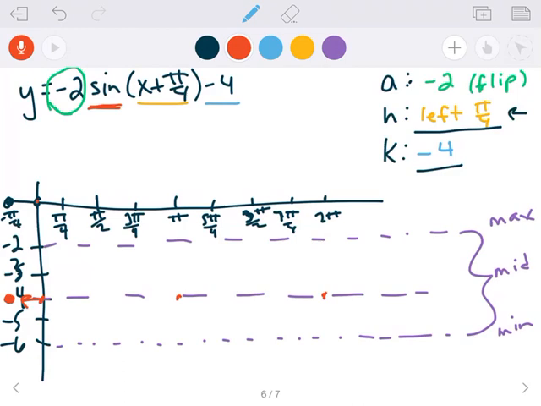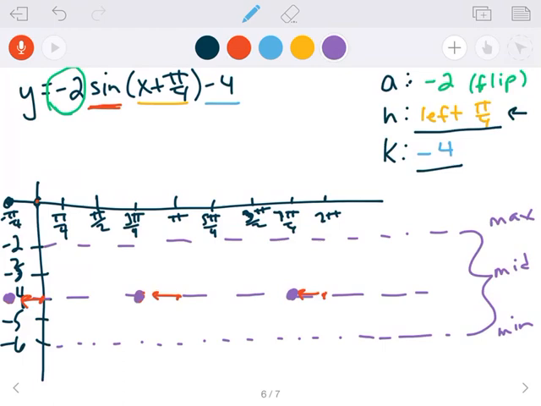Instead of pi, when we shift it back, it's going to be positive 3 pi over 4. I'm going to do those actual points in purple. And then when we shift 2 pi back pi over 4, we have a point at 7 pi over 4. So those are our midline points, and then we know that the highs and lows are between them.